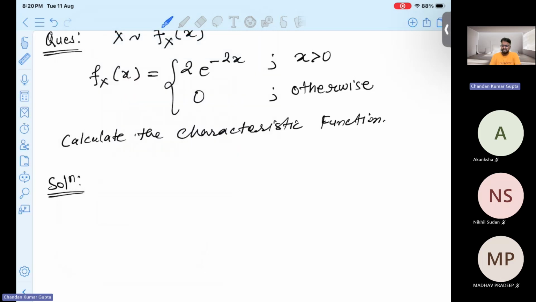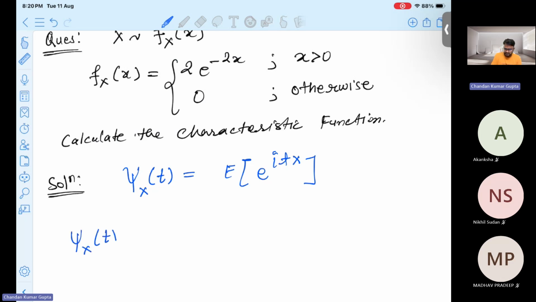We know that the characteristic function psi X(t) is defined as the expected value of e to the power itX, where i is iota, that is the square root of minus 1. So it is the integral from minus infinity to infinity of e to the power itx multiplied by the PDF, so the PDF will be 2 e to the power minus 2x here.